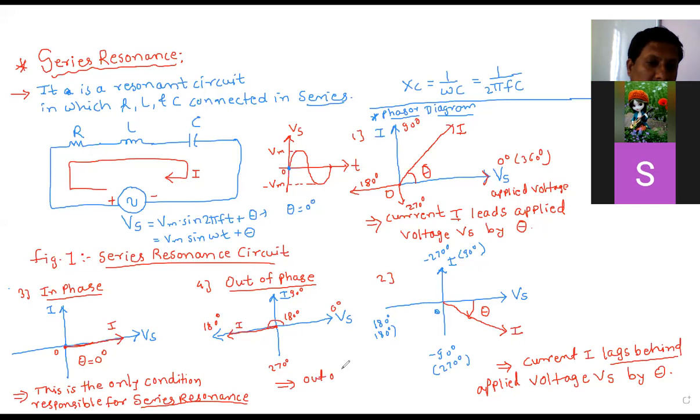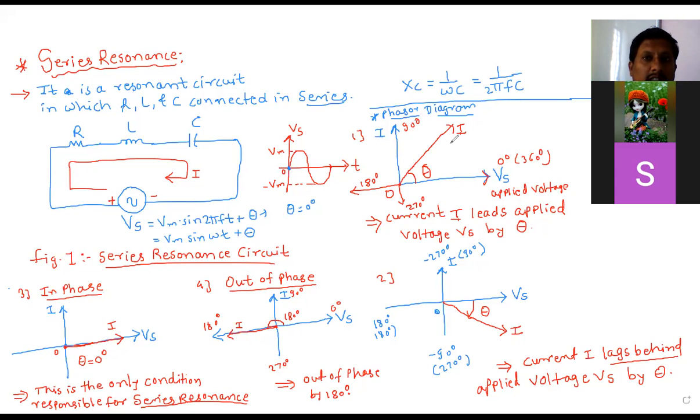Out of phase. Out of phase by 180 degree. Like this we can use the sentence: The current I is out of phase by 180 degree with voltage source Vs. So out of phase means 180 degree phase shift and in phase means 0 degree phase shift. And in phase will be the only condition responsible for series resonance concept.